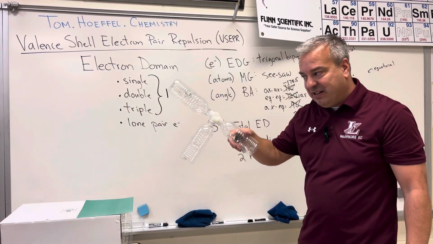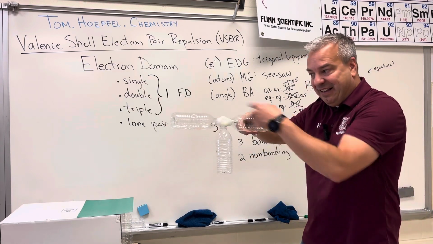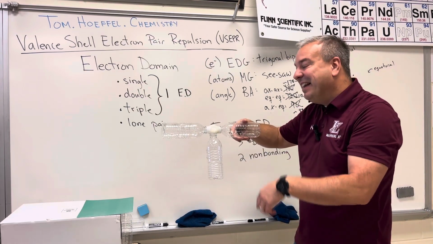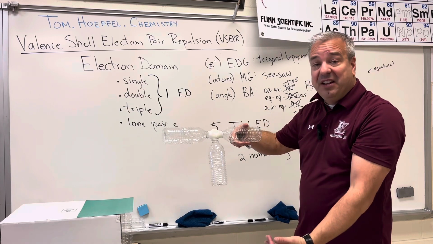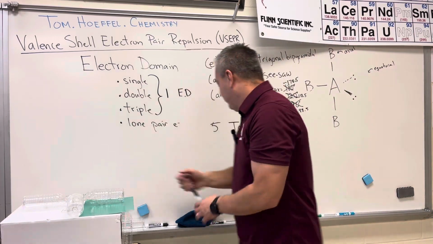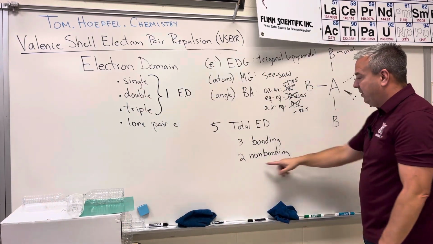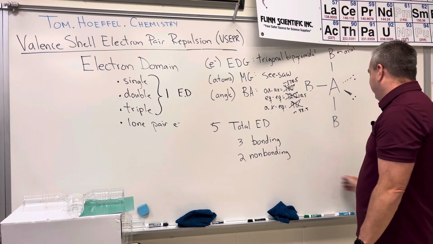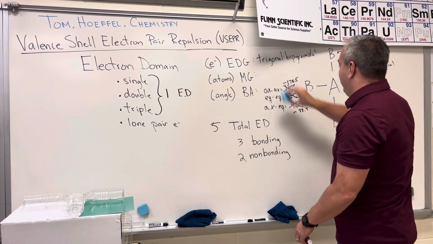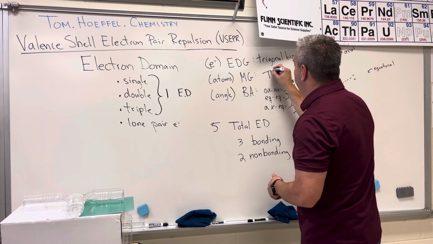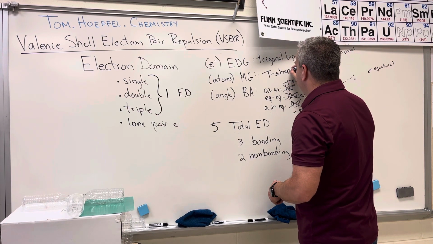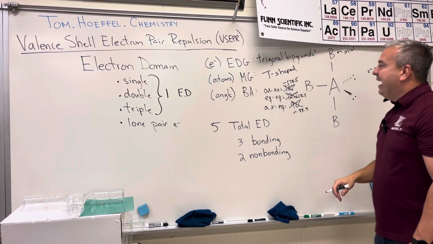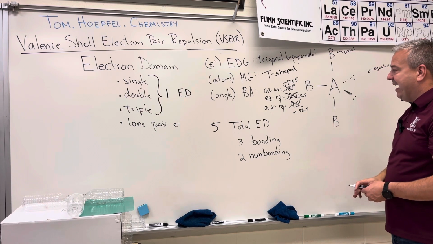Well, if I just turn it, it's really easy to see a T, as in Tom Hoeffel. And this is actually called T-shaped. So when there are 2 non-bonding domains, the shape is now going to change to T-shaped. And we're going to go down by 1.5 degrees again.